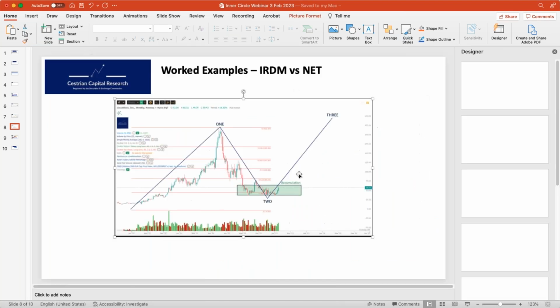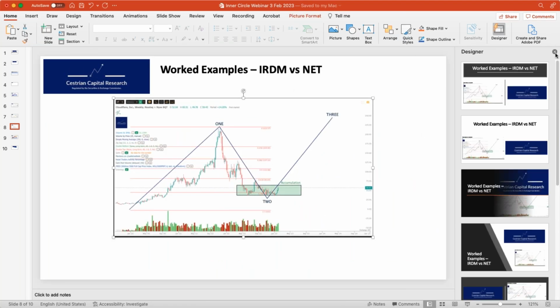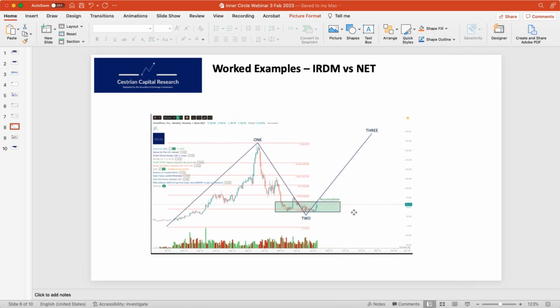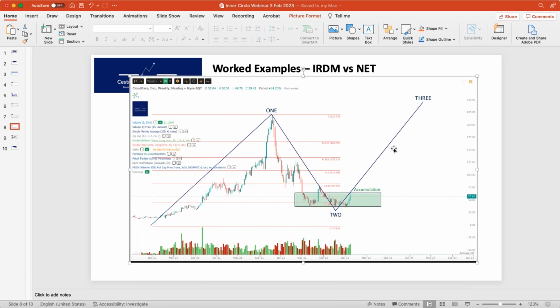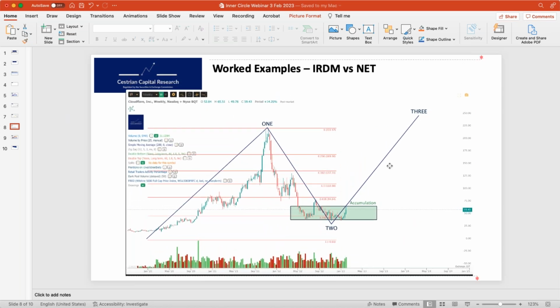Okay, here we have Cloudflare. Now, Cloudflare is, as some of you will know, a super high growth, cash negative, scary tech stock. It IPO'd in 2019 from memory, and bumbled along for a while, and then started to really take off once the COVID crisis hit.